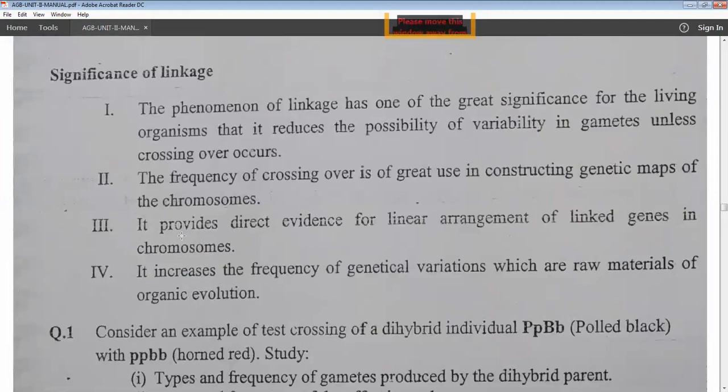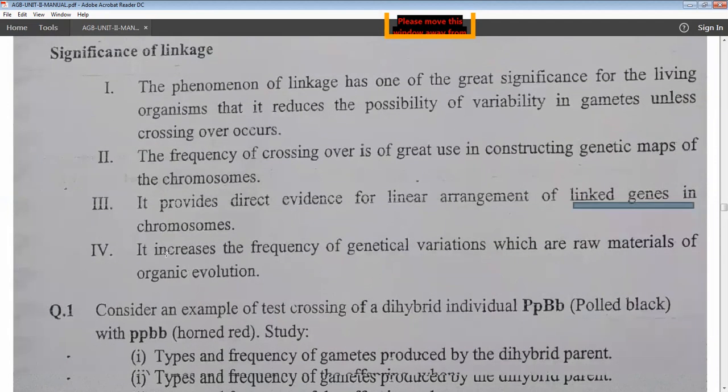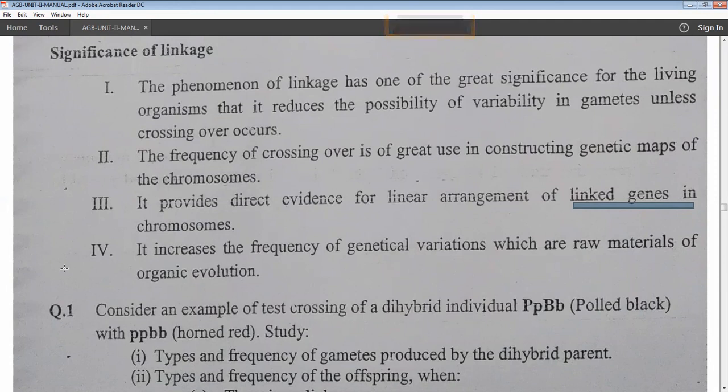It provides great evidence for the linear arrangement of the linked genes in the chromosome. And the fourth is that it increases the frequency of genetic variations, which are the raw material for organic evolution. So in this way linkage works, and this is the main rule of linkage.